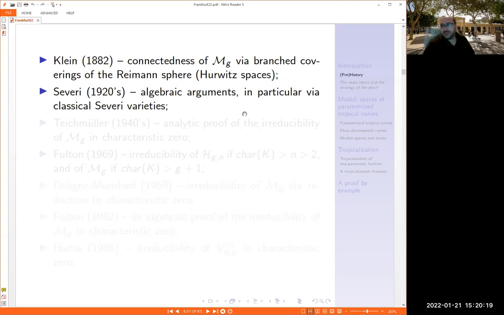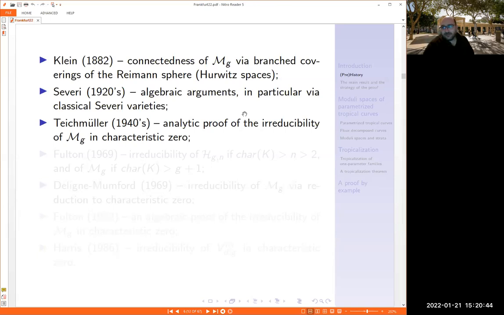The idea was that the classical Severi variety, for large enough degree, dominates M_g. Therefore, once you know that it is irreducible, you deduce that M_g is irreducible. But Severi's argument was wrong. The idea was correct, but the technical details were insufficient. In fact, there was a gap in the proof.